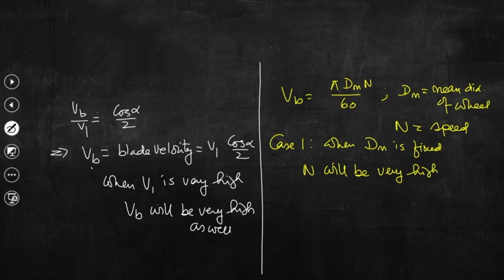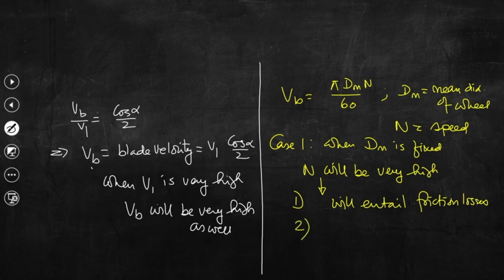If it is the case, then it has two consequences. What are those? First of all, number 1, such a high speed of the wheel will entail frictional losses. Number 2, if n is very high, then the centrifugal stresses will be very high.